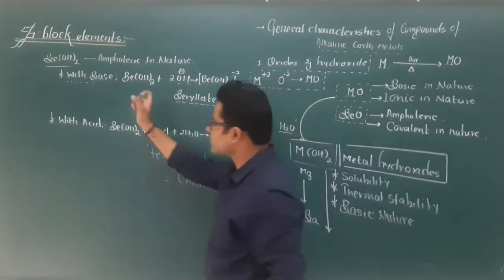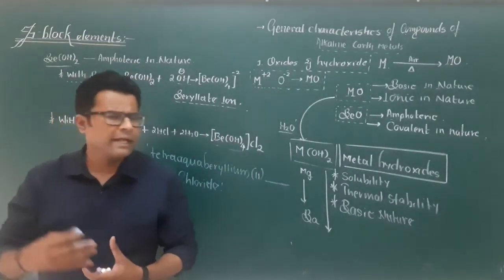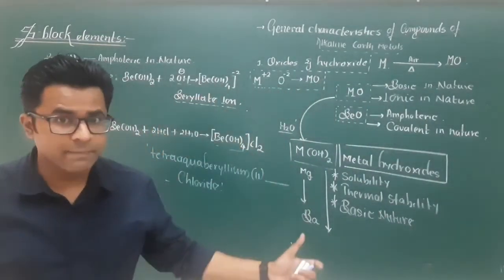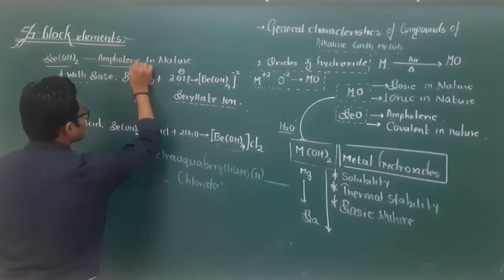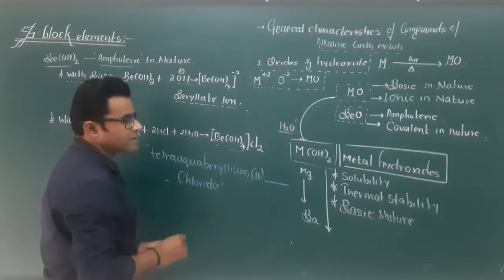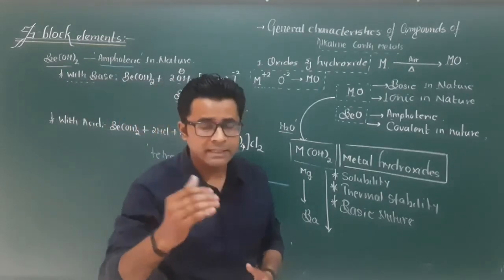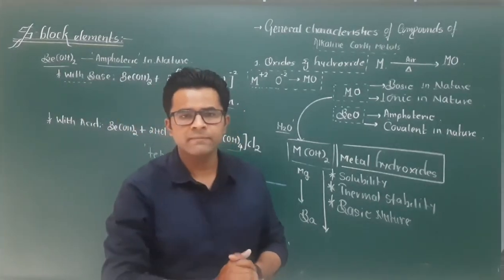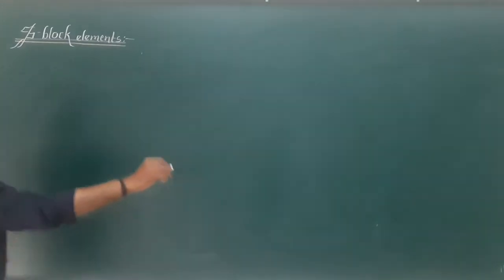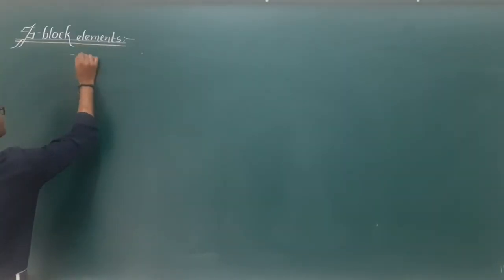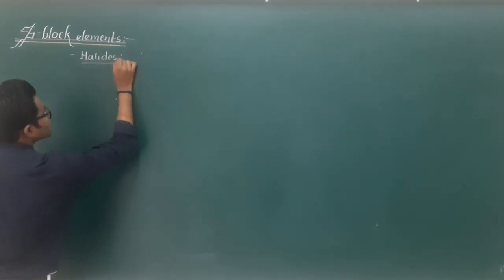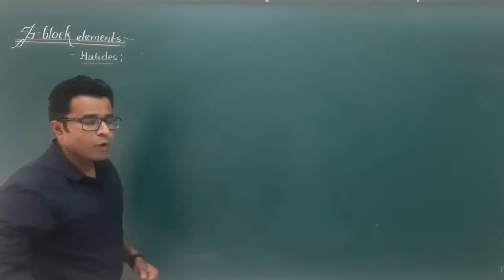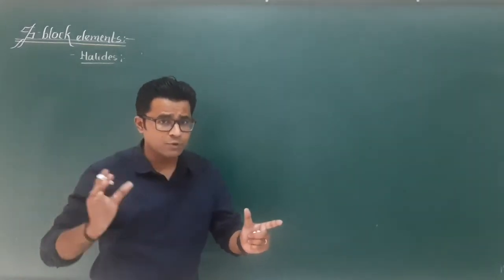So, as beryllium hydroxide reacts with both acid as well as bases, we call this character amphoteric. Alright, so let's observe the next character, and that is going to be the halides. Halides are nothing more than the combination of substances with halogen.